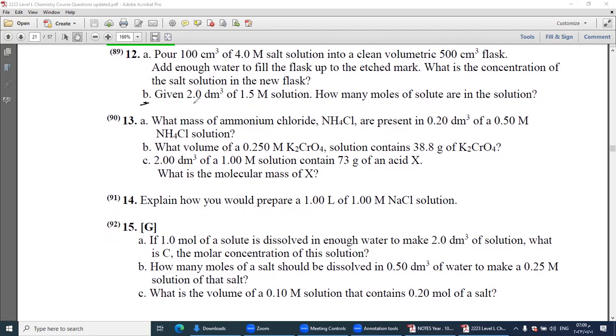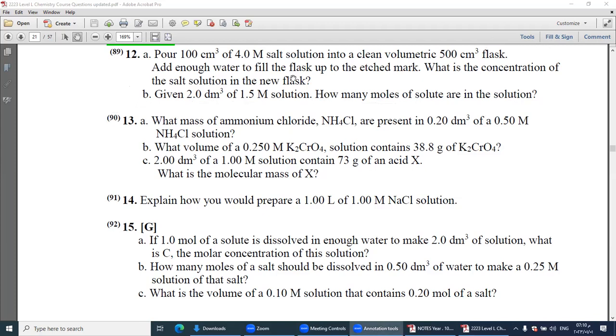Given 2.0 decimeter cubed of 1.5 M solution, how many moles of solute are in the solution? Number of moles is equal to concentration multiply volume. We have concentration equal 1.5. Volume must be decimeter cubed, 2.0, so it must be equal 3 moles.